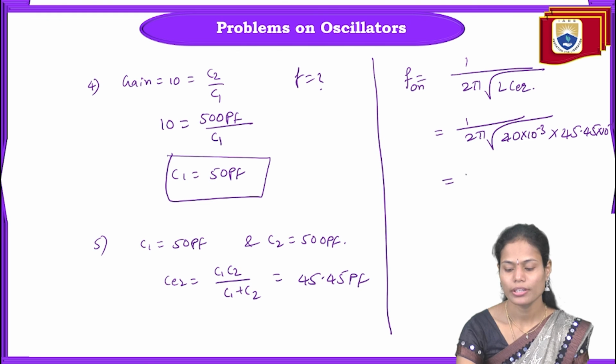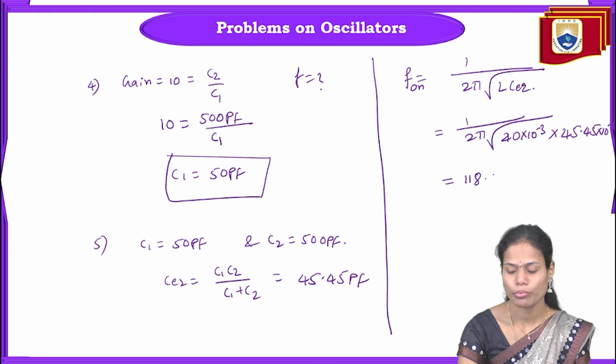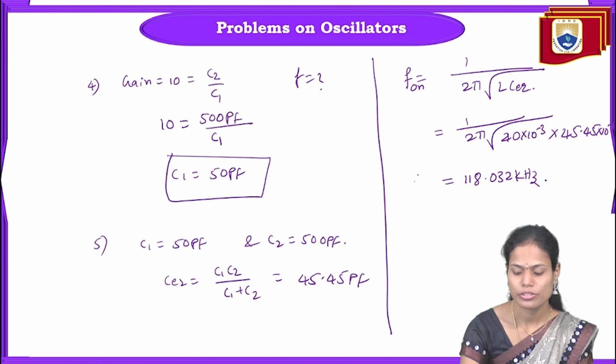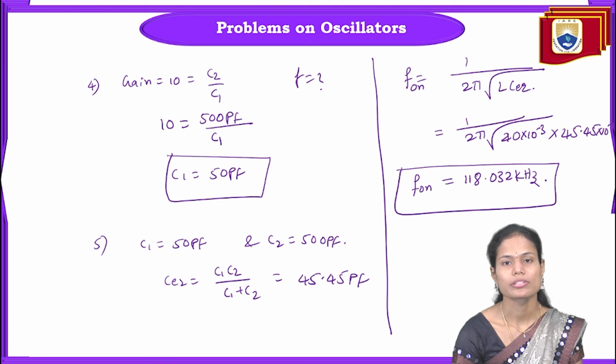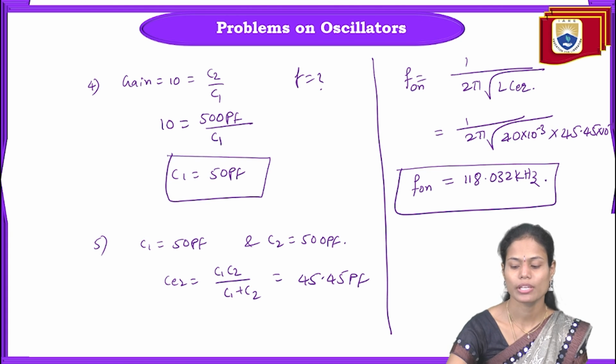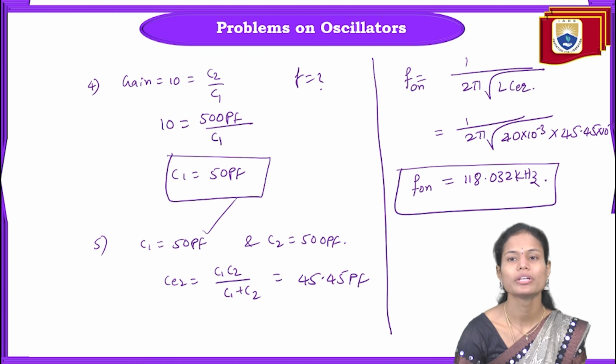Simplifying, it is 118.032 kilohertz. This is the new frequency of oscillation when the C1 capacitance value is changed to 50 picofarads.